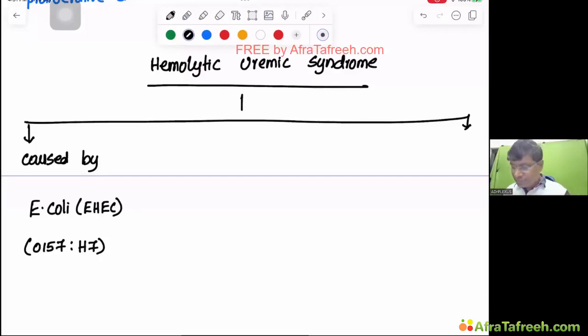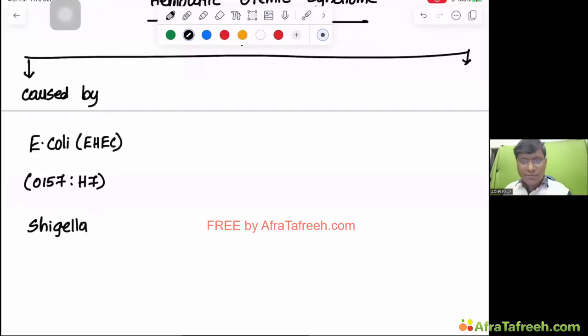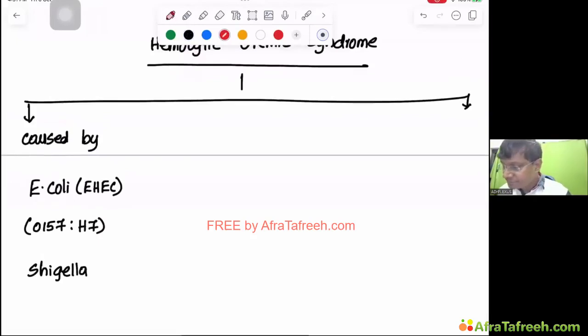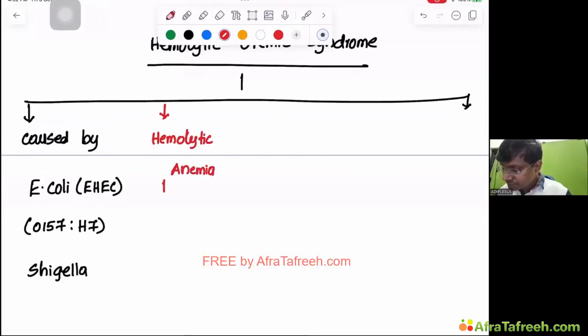Okay. So, we have two things now. One is E. coli, and the other one is Shigella. Now, why is there hemolytic anemia?